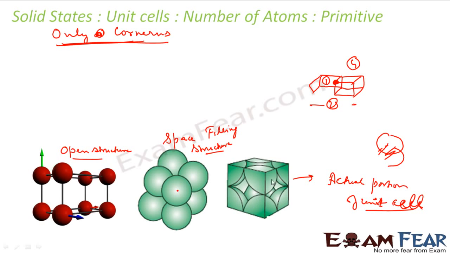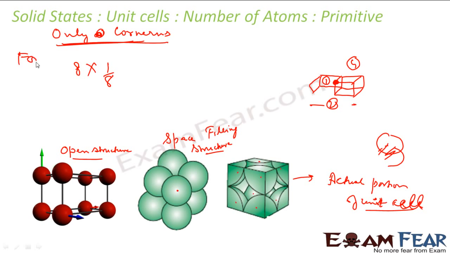Now if you see in this, how many atoms are there? 1, 2, 3, 4, 5, 6, 7, 8. Here also 8, right? There are 8 atoms. But the per-atom contribution is how much? 1/8. Correct? Because each atom is shared with 8 other unit cells.